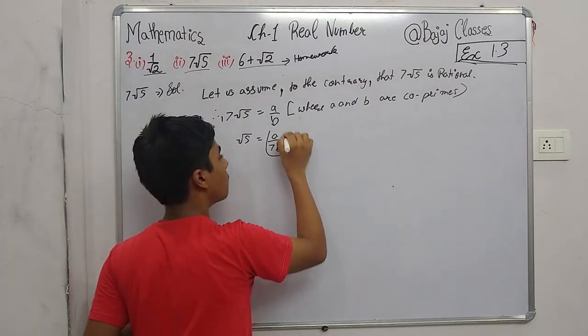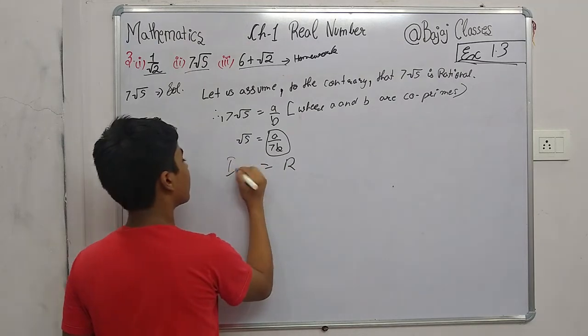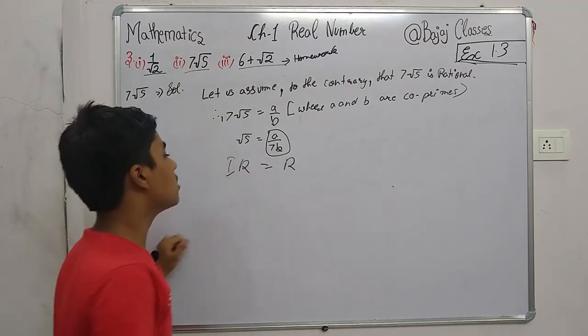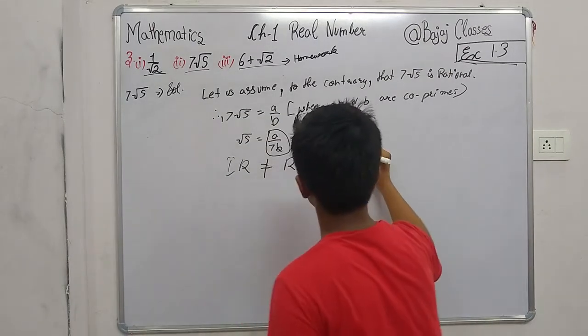So now what form is this? This is a rational number. And which form is this? This is an irrational number, because we have proved it also in the first question of this exercise. So it is wrong, we have taken the wrong assumption.